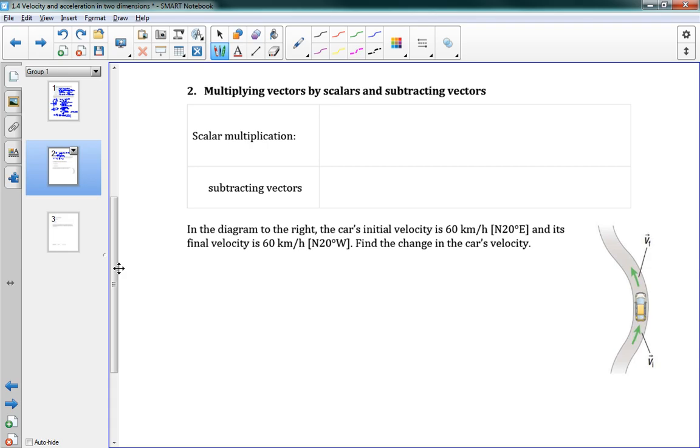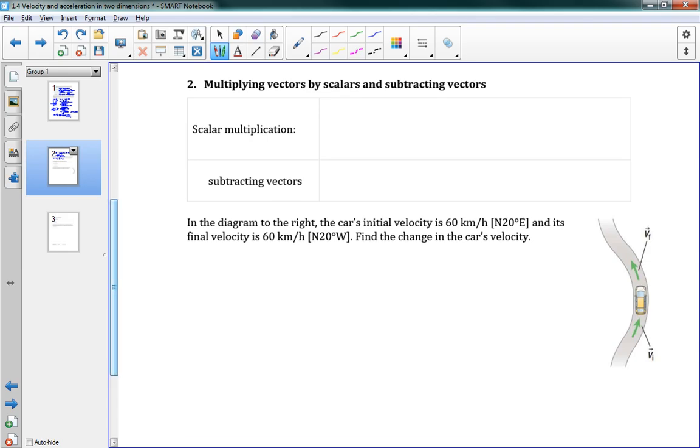Now, we're going to briefly look at an idea called multiplying vectors by scalars and subtracting vectors. And the basic idea here is that all of our vectors, displacement, velocity, etc., we can multiply a vector by a scalar to change its magnitude.